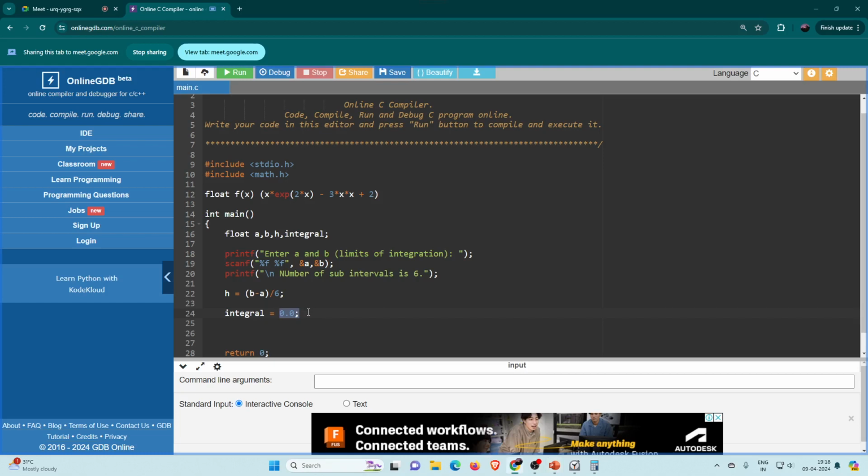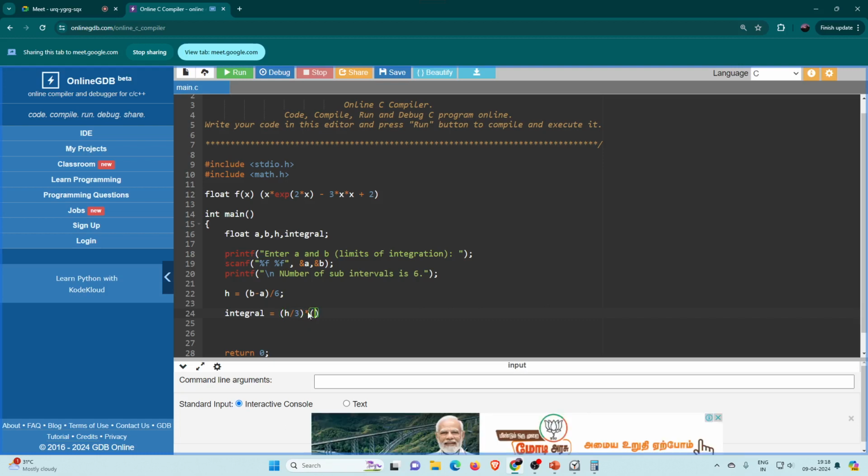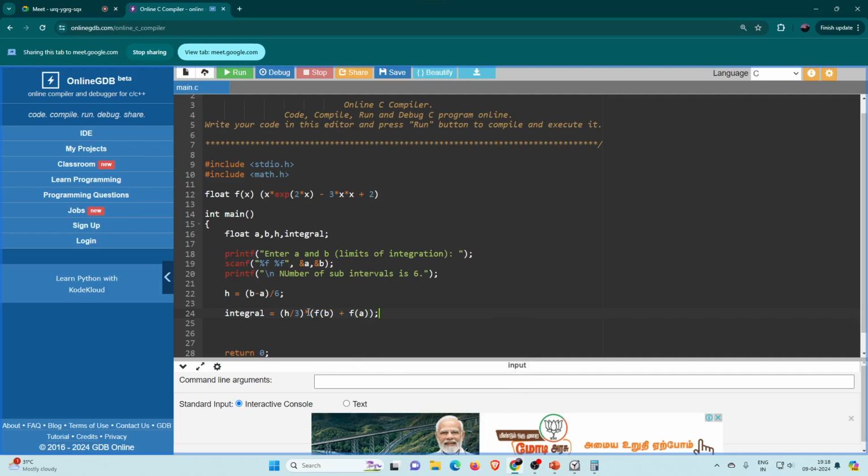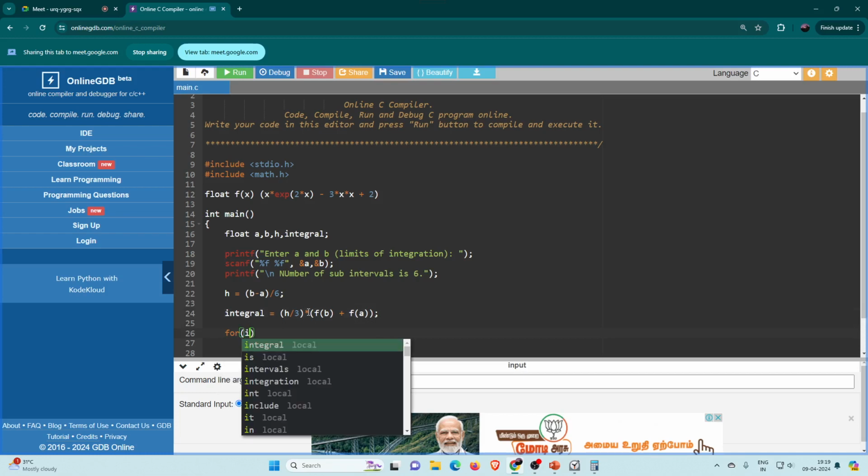So h by 3 into f of b plus f of a. So this I know, right? This is what I know. Now I'll take in the value for other these things.